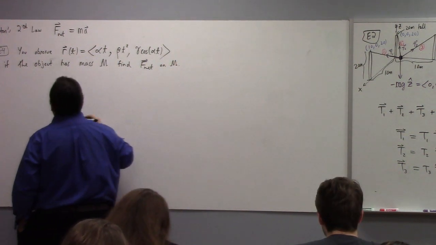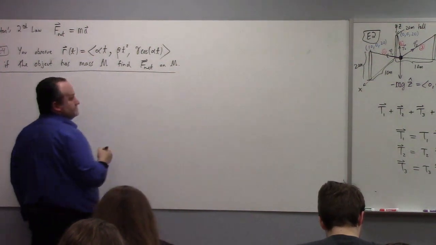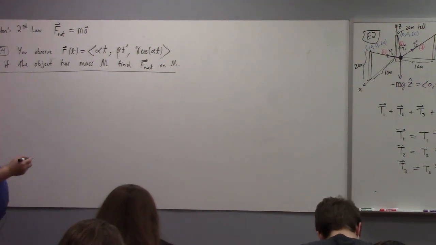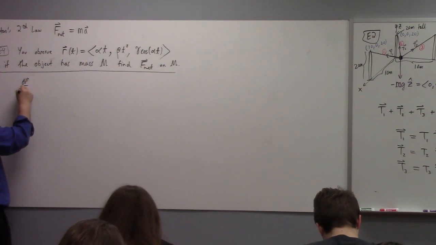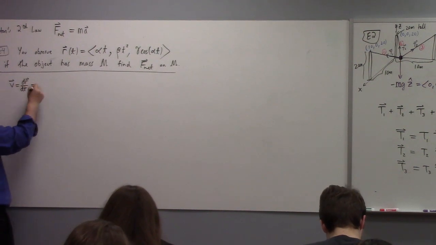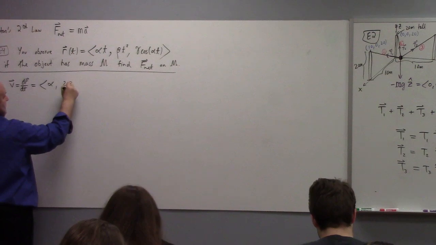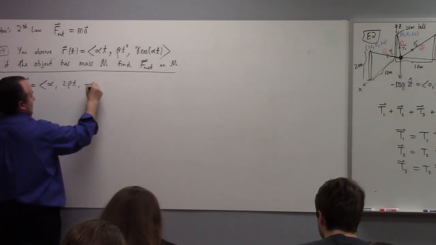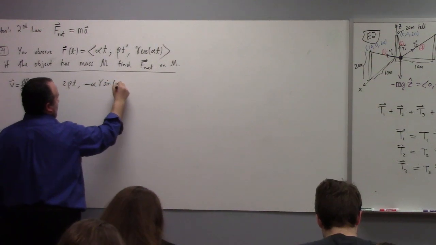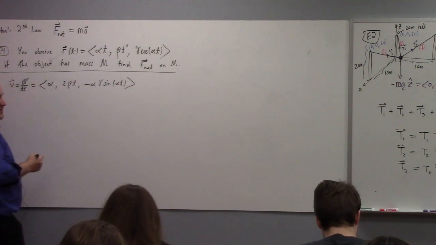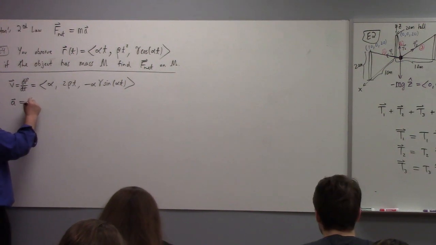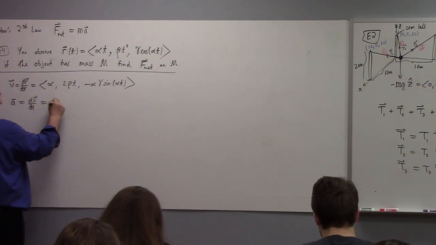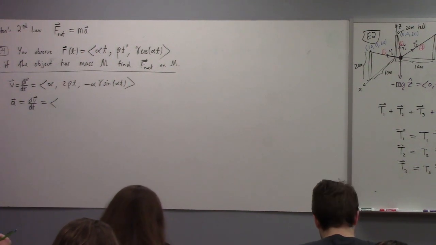So how do we do this? You have to take the derivative of the position twice to get the acceleration. dr/dt is the velocity, right? In this case, it's alpha, 2 beta t, minus alpha gamma sine alpha t. Here I'm, of course, assuming alpha, beta, and gamma are constants. And then acceleration is dv/dt, so we differentiate again.